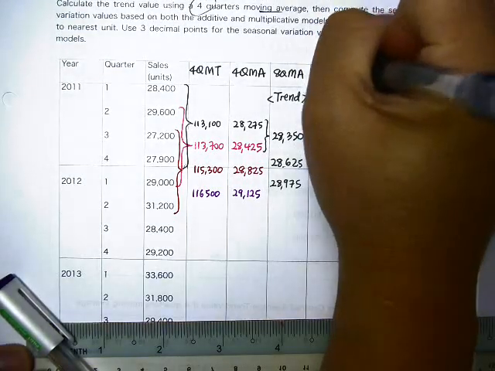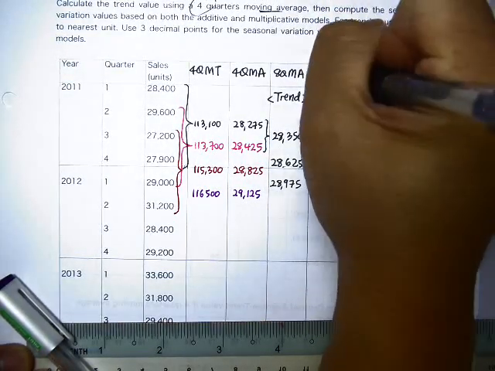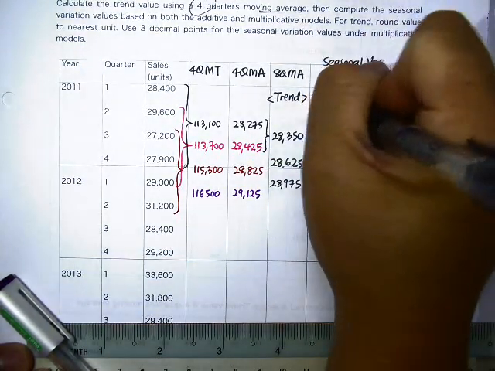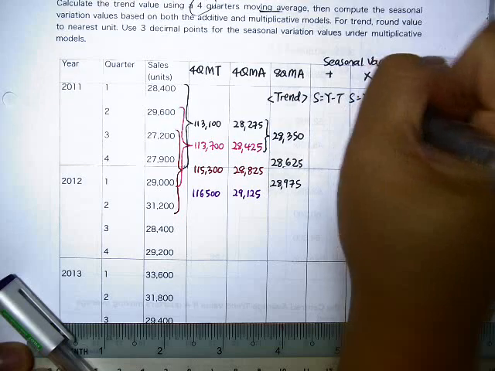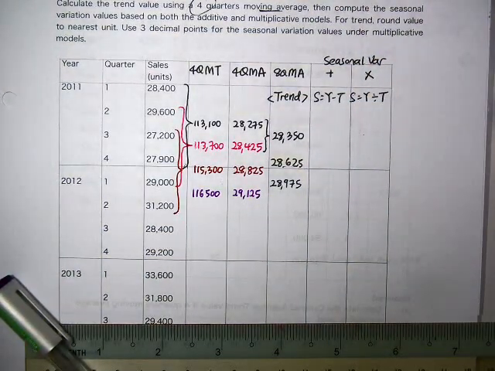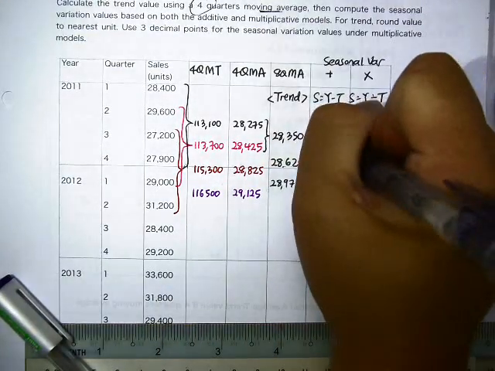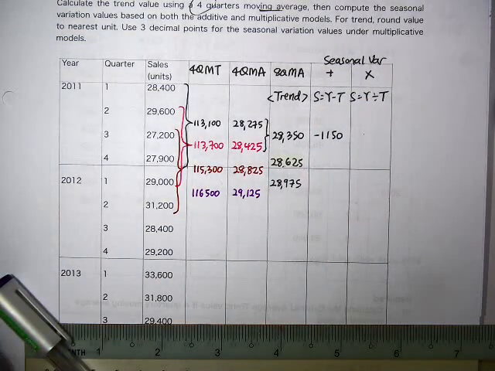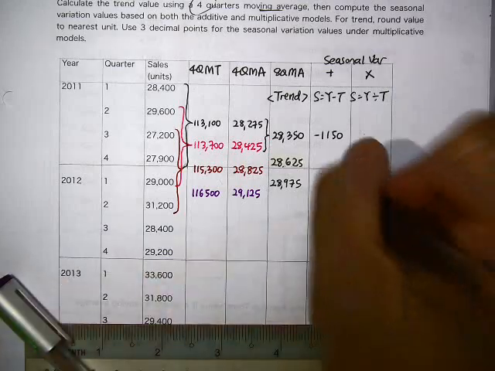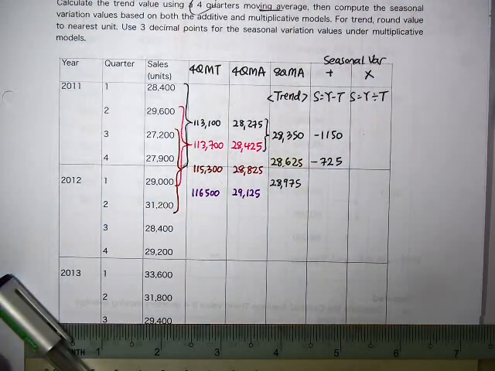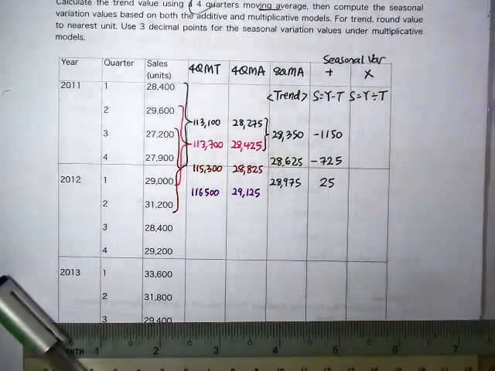So class, if I want my seasonal variation, if I use the additive model, S is Y minus T; multiplicative, Y divide T. So 27,200 minus 28,350, we get negative 1,150. Then 27,900 minus 28,625, negative 725. 29,000 minus 28,975, we get 25.